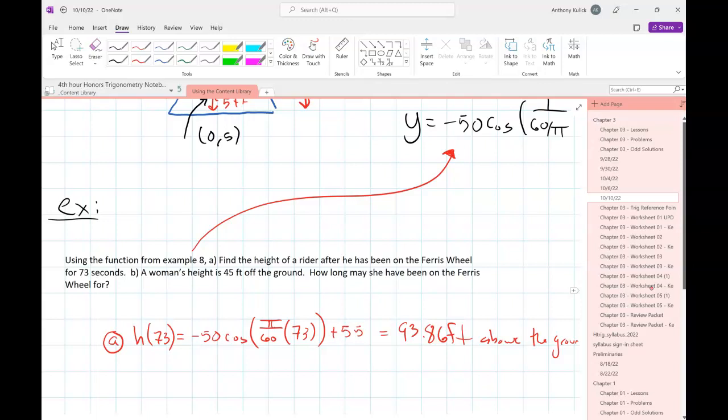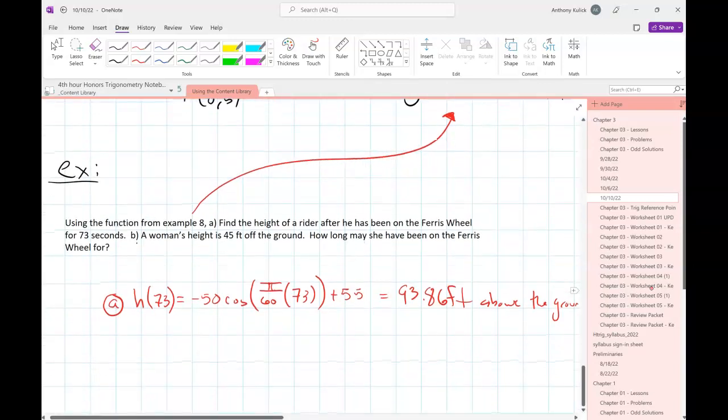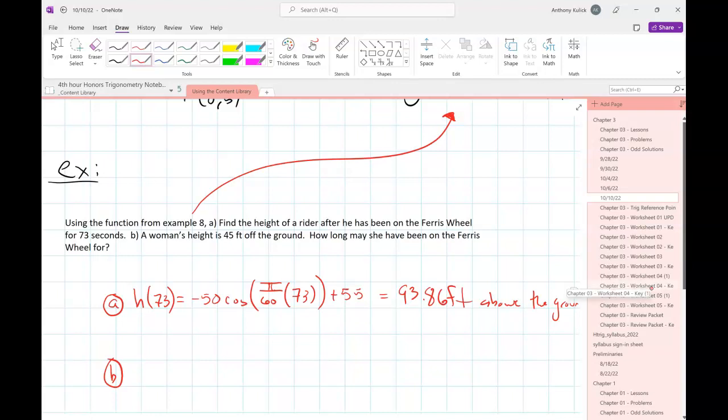All right. Part B says, a woman's height is 45 feet off the ground. How long may she have been on the Ferris wheel? So what am I doing there? Where's the 45 go into?